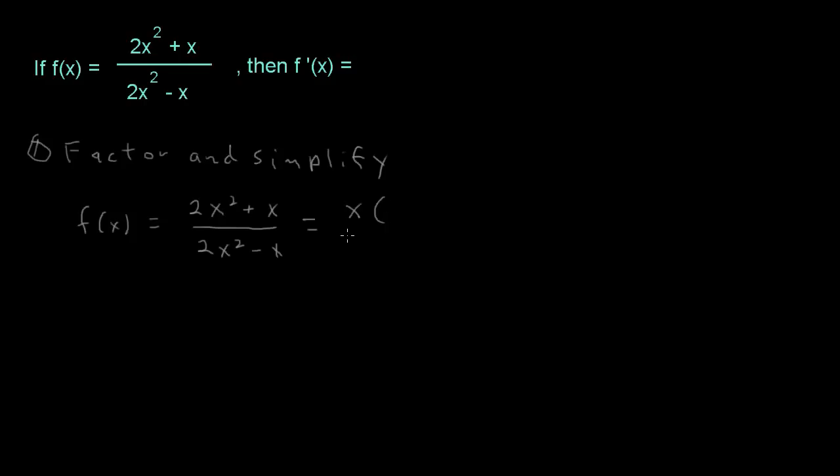Well, 2x squared divided by x is 2x, and then plus, and what's x divided by x? That's 1. And the denominator is very similar. After we've factored out our x, we'll have 2x, but in this case, minus 1.